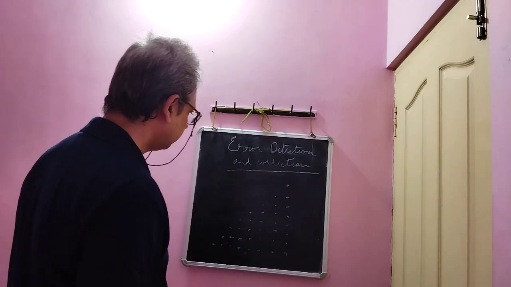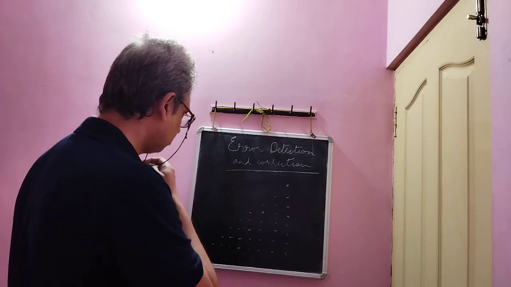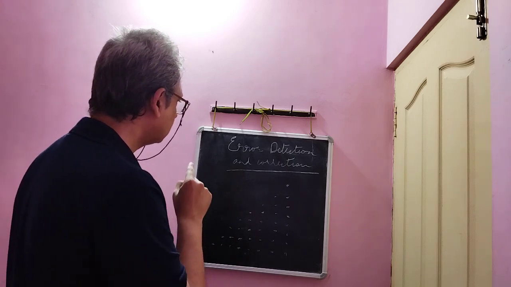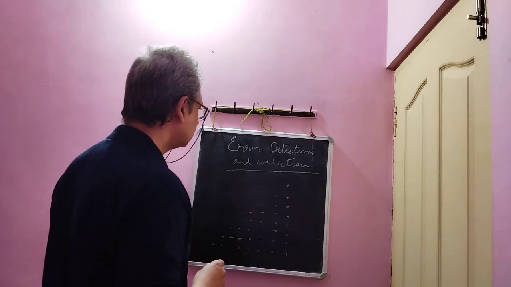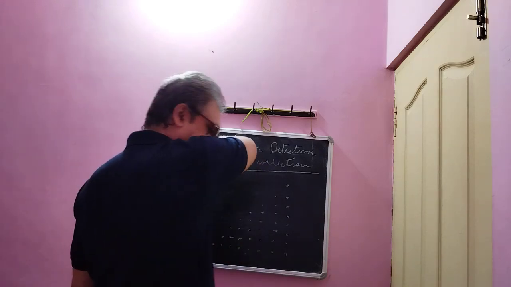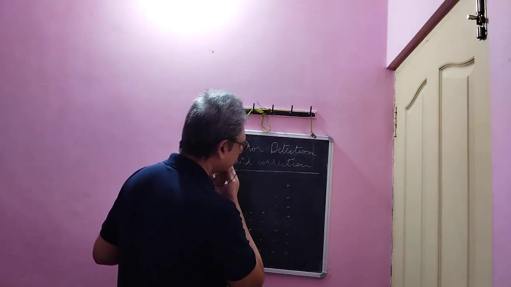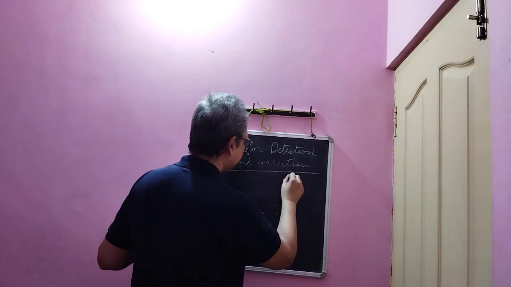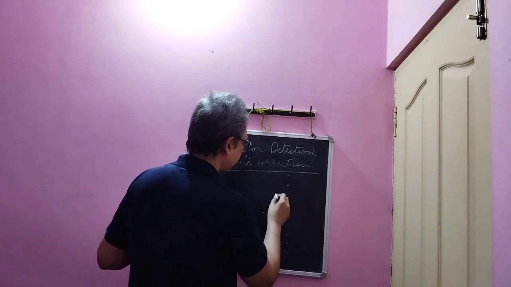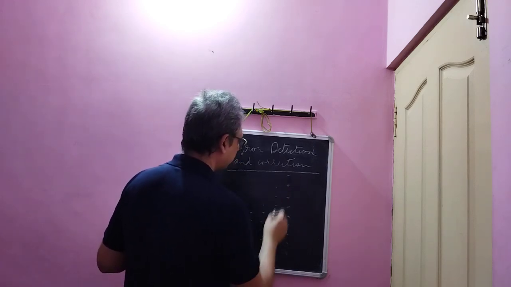So here, since we would like 9 as a code, I will take here 9. For an 8-bit value, there should be 9 points.